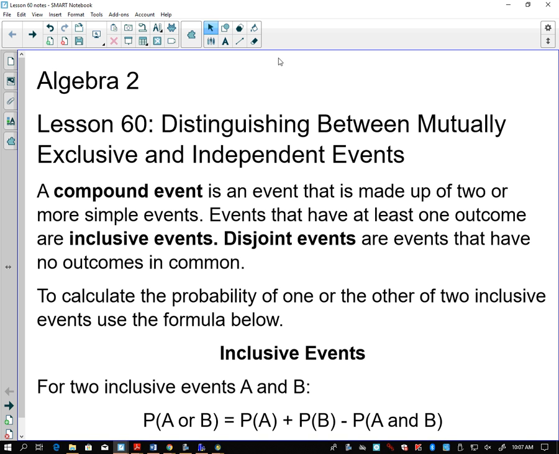Events that have at least one outcome in common are inclusive events. Disjoint events are events that have no outcomes in common. So events that have at least one outcome in common are inclusive events.